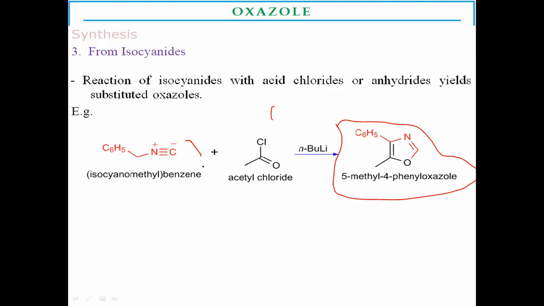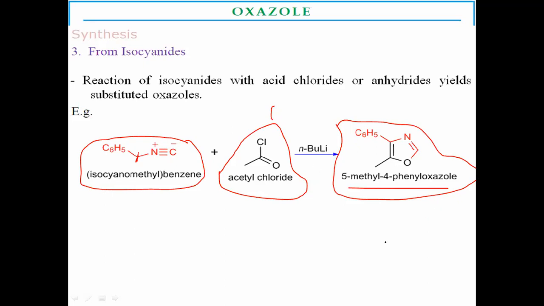One example of isocyanide is isocyanomethyl benzene, benzene substituted with isocyanomethyl, a CH2 group. It reacts with acetyl chloride in the presence of n-butyl lithium to form 5-methyl-4-phenyl oxazole as the final substituted product. These undergo cyclization from isocyanides. In this way, you can prepare them.